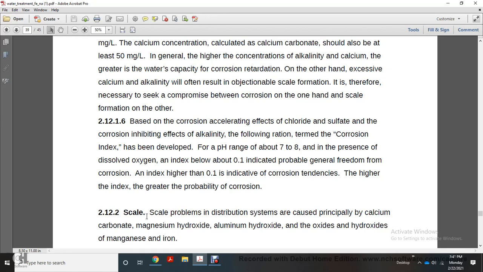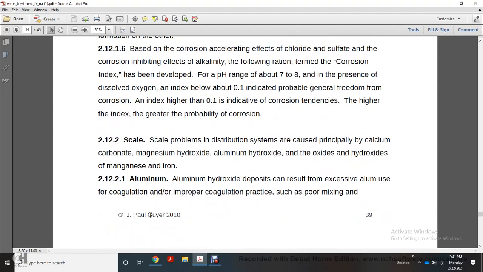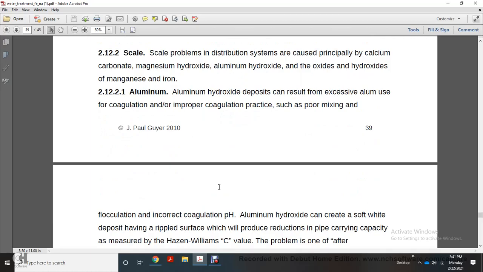Scale problems in distribution systems are caused principally by calcium carbonate, magnesium hydroxide, aluminum hydroxide, and hydrous oxides of manganese and iron. Aluminum hydroxide deposits can result from excessive aluminum use in coagulation, or improper coagulation practices such as poor mixing and flocculation, or incorrect coagulation pH.